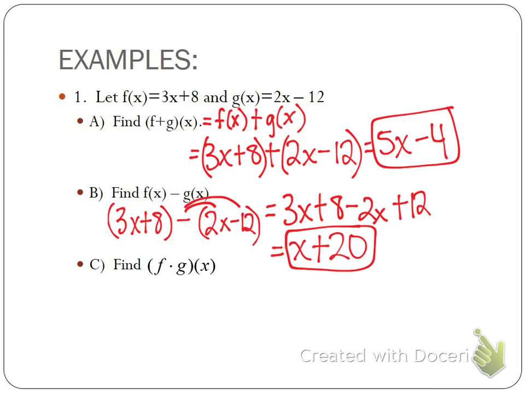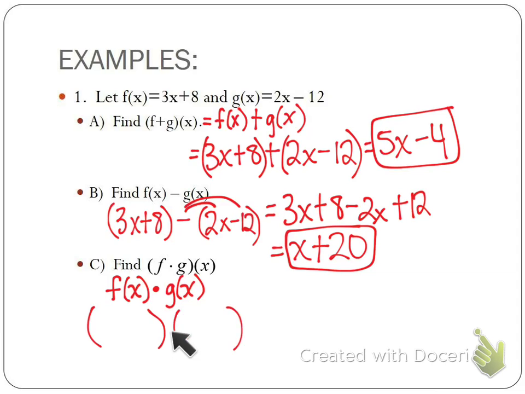Okay, on letter C, what operation are we doing? Multiplication. Okay, so they wrote it f times g of x. We know that that's the same as f of x times g of x. Again, with multiplication, I would use parentheses, times g of x.